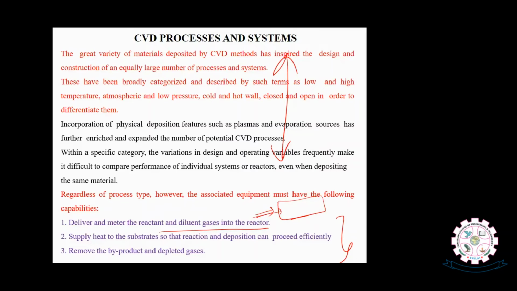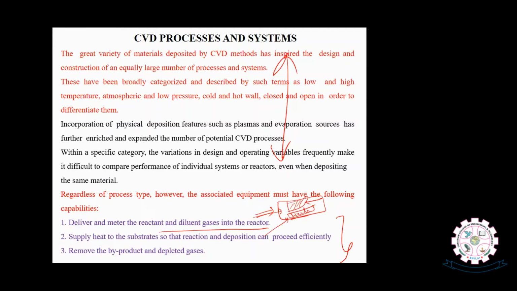That's what. So there is a reactor. That means there is a heater here, and on top of it my substrate is here. My substrate I will heat, and the gas molecules will fall here, and they will get decomposed. Supply heat to the substrate so that the reaction and deposition can proceed efficiently. That is what you do here.